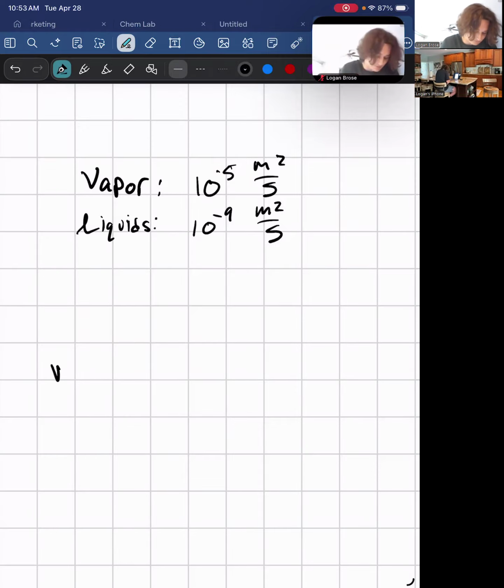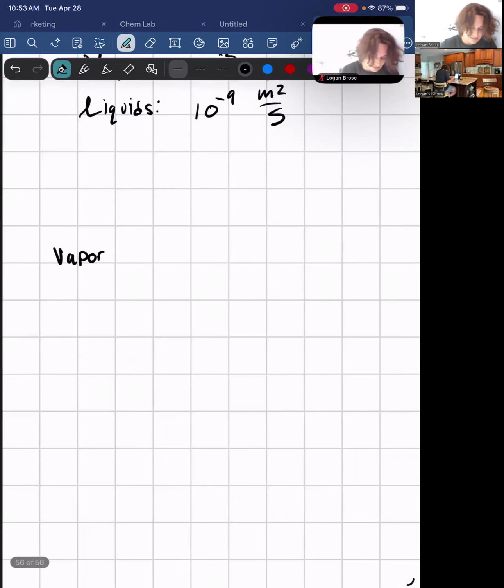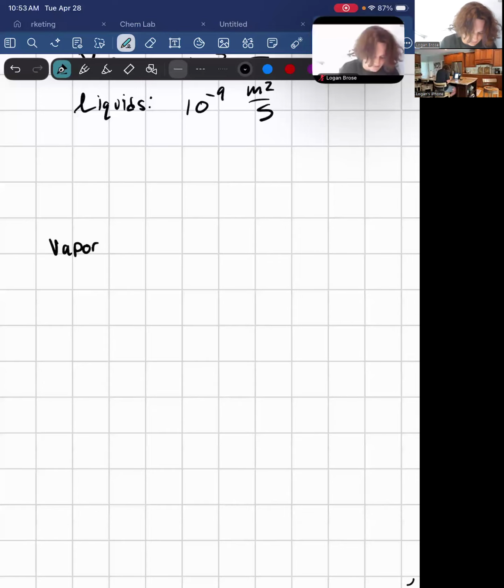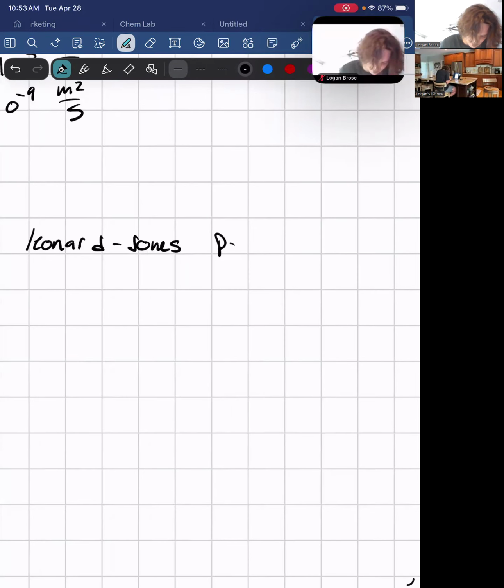So for a vapor, we can look at the Lennard-Jones potential equation.